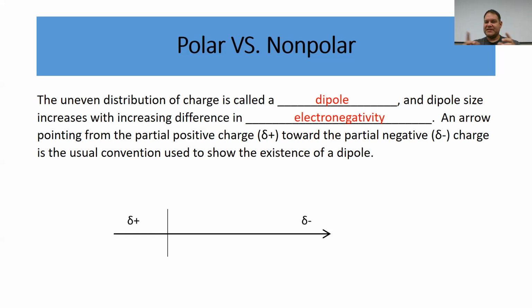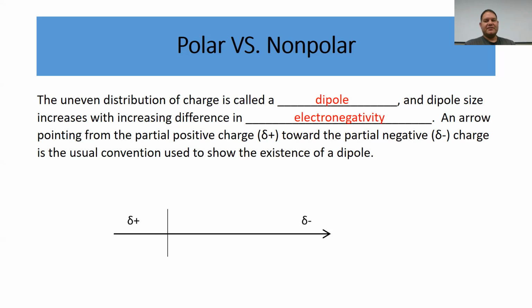So two atoms that have very different electronegativity values, then the difference is very big, you're going to have a bigger dipole. And so one side of the molecule or one side of the bond becomes way more negative than the other side and becomes more positive. And so we have extremes, okay?